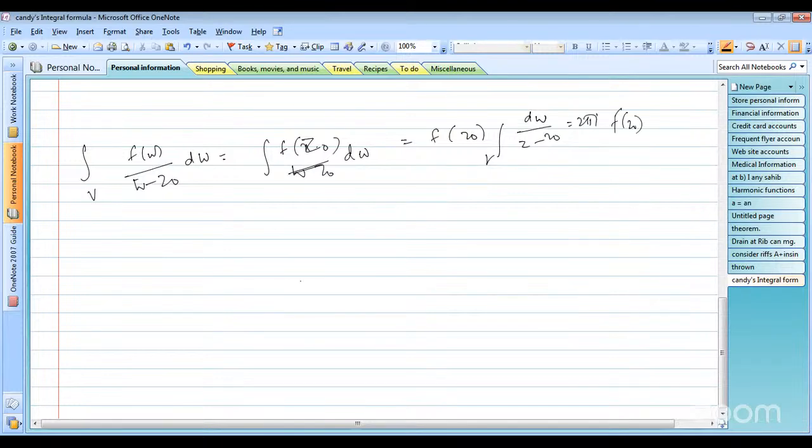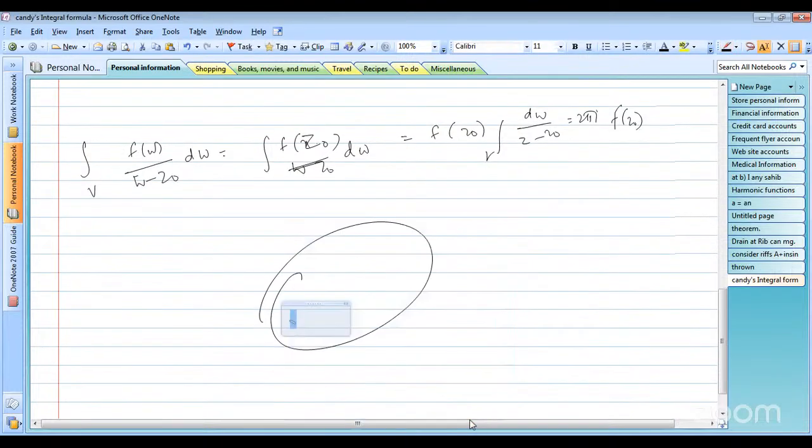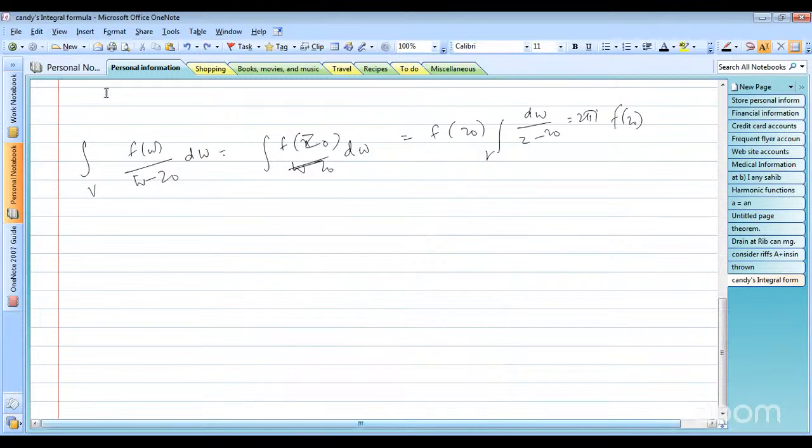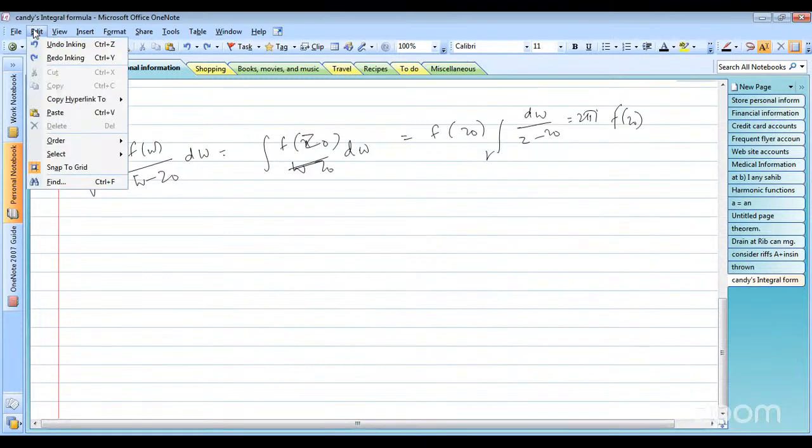So taking one diagram here. This is the one diagram. I'm taking the diagram here. Just a minute.